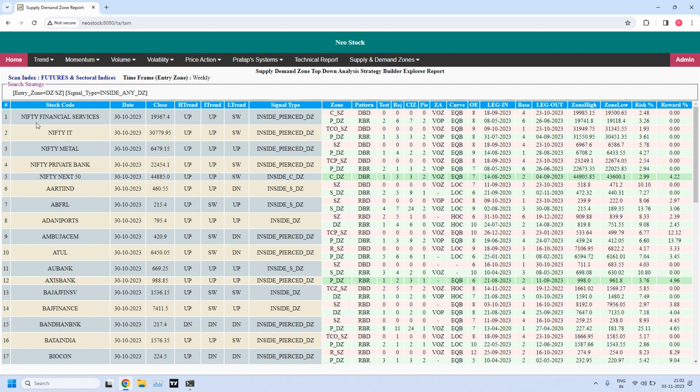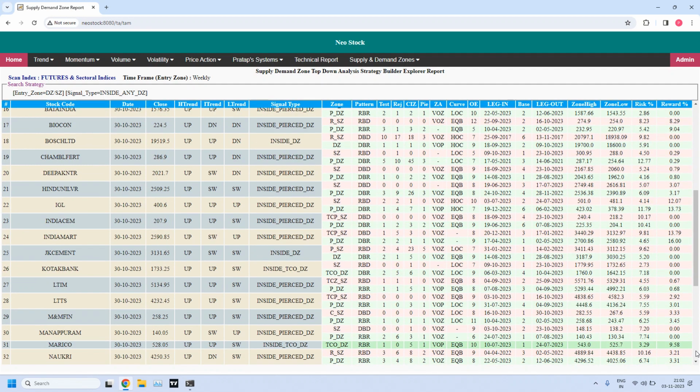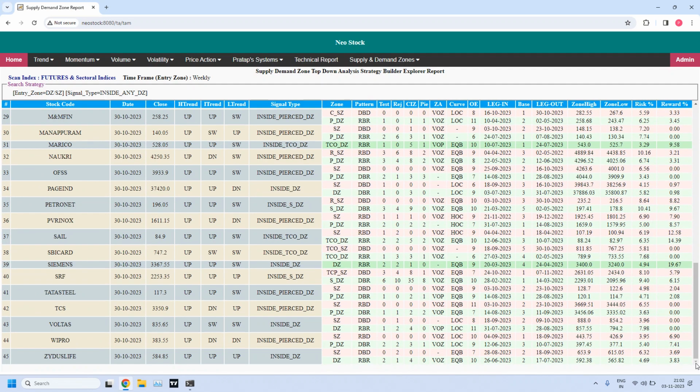Indices Nifty Financial Services, Nifty IT, Nifty Metal, Nifty Private Bank, Nifty Next 50, all are closed inside the weekly demand zones. So total 45 stocks are filtered where price closed inside the weekly demand zone.